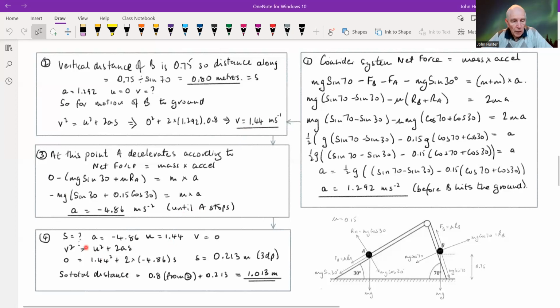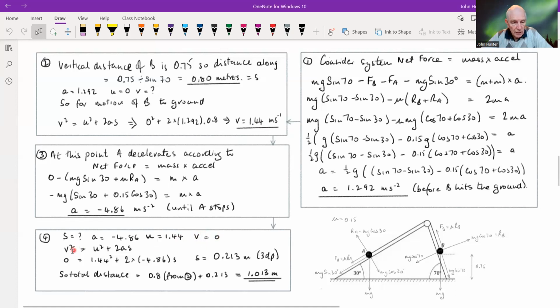So the fourth part is a bit of kinematics where we're working out what this distance is, knowing that we've got an acceleration of minus 4.86, an initial velocity of 1.44, so that was the velocity of particle A when B hit the ground, and the final velocity that we're interested in, which momentarily comes to rest, is 0.